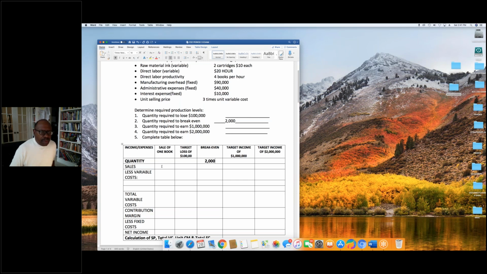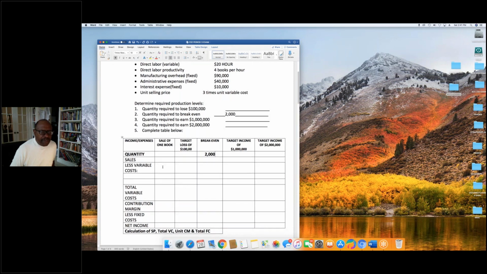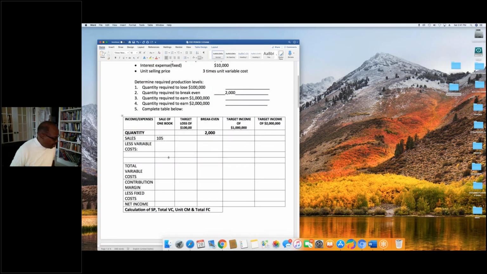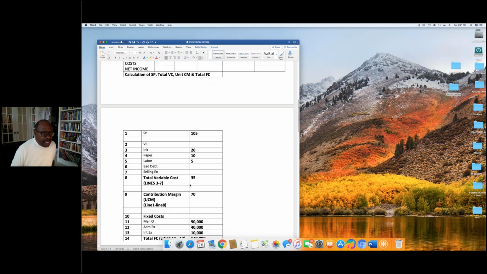Now I'm going to work with 1 unit. If we only sold 1 book and put that basic information in, the selling price would be 105. The total variable cost, we'll just put in the total unit variable cost at 35, which is from here.